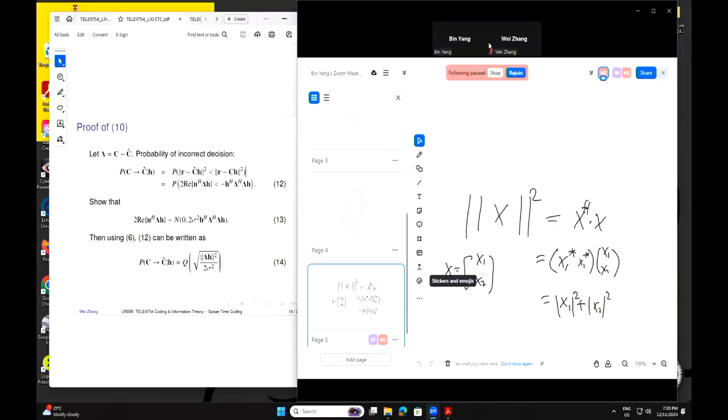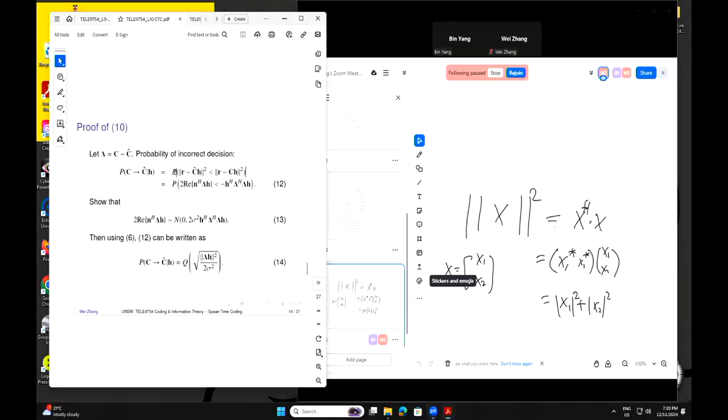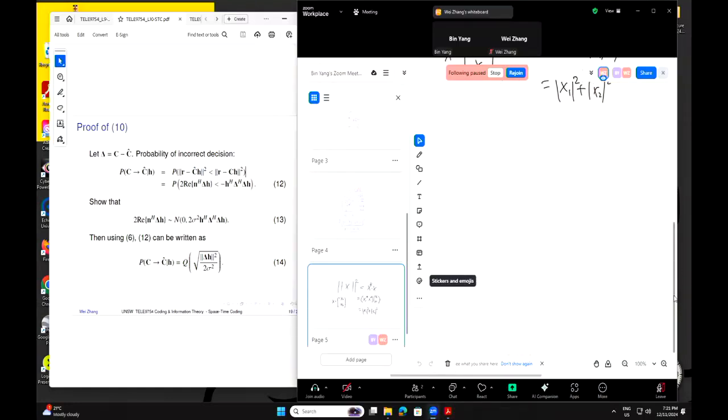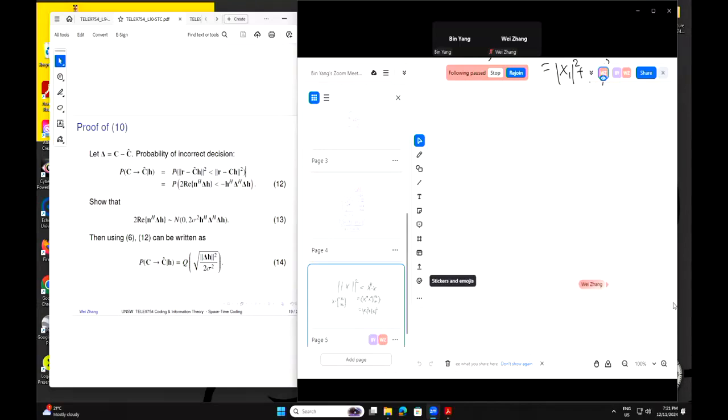So based on that, we can try to calculate this one. Let us see. The probability that R minus C hat H square is smaller than R minus C H square.